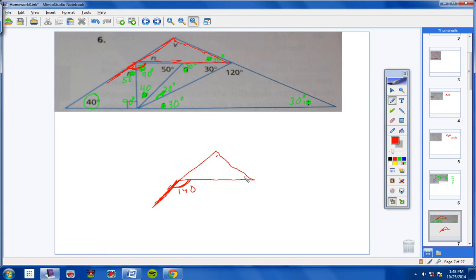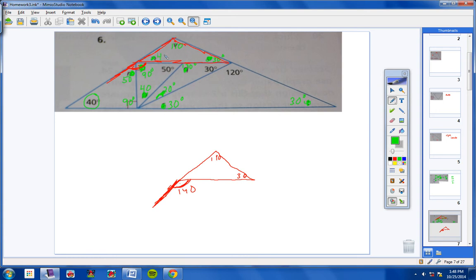So these 2 angles here added together equal 140. Well, this angle right here is 30. So this angle here is 30. So this angle here is 110. So there we go.